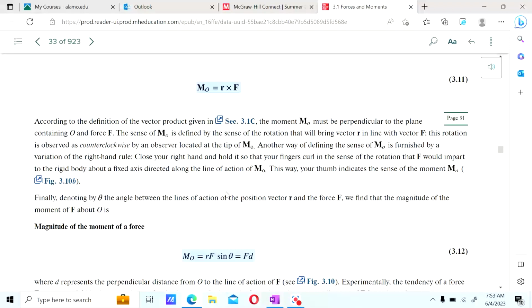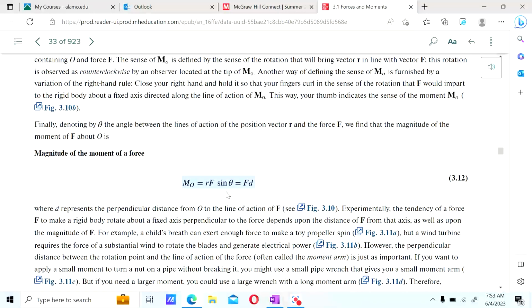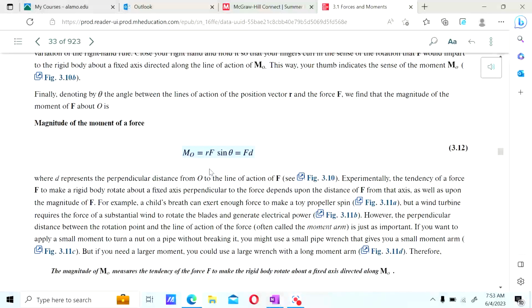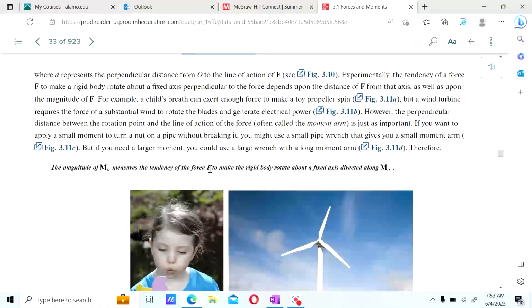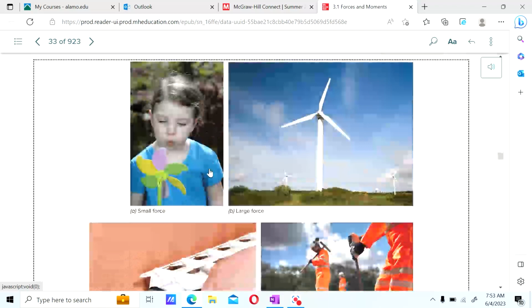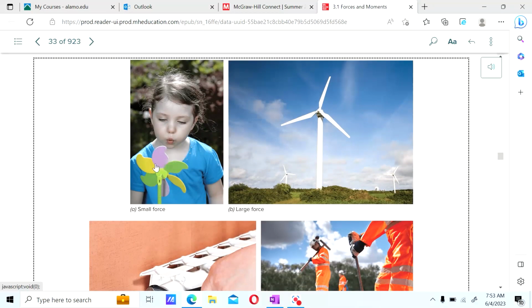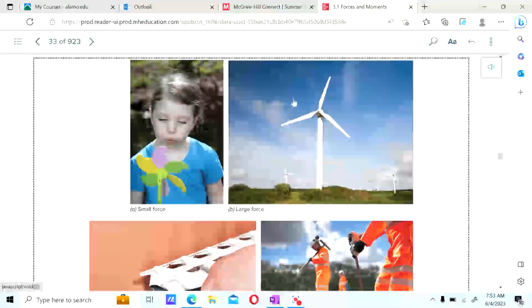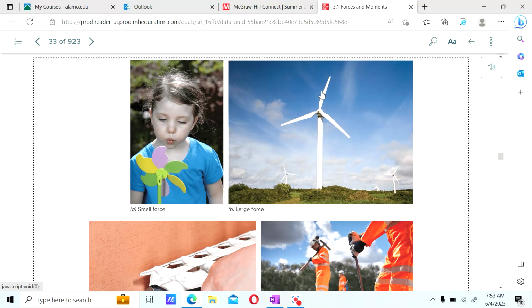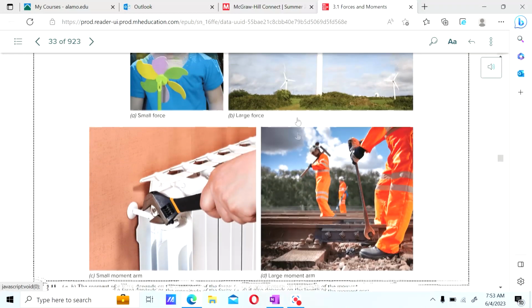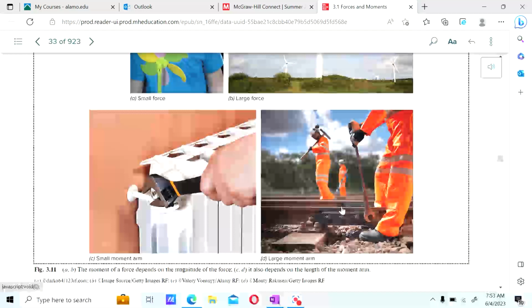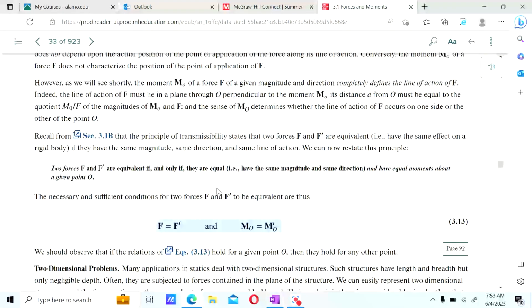This is something we're going to have to do pretty often because the moment in vector form is computed through the cross product, and the cross product is seen everywhere. Like the force that you apply perpendicular to the blade that makes it rotate, that is a cross product. The distance at which you apply a force, that is a cross product. That's a moment basically.